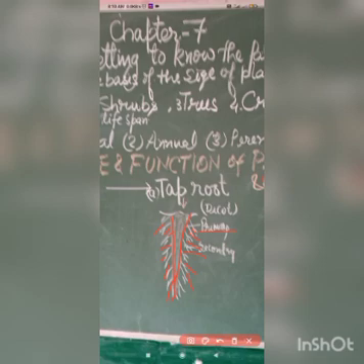So this is called taproot. The examples are several dicot plants. Dicot plants means arhar, chana, gram, pea, all kind of the dicot plants as well as the carrot and radish. These are the example of the taproot.